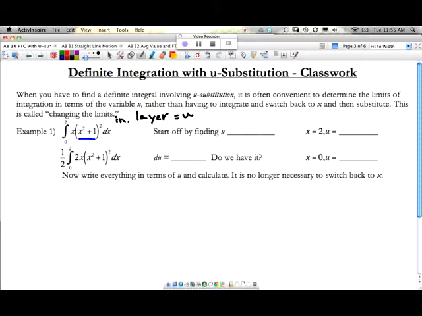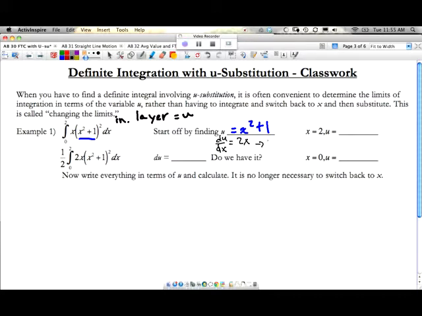So u equals x squared plus 1. That was easy enough. Now, what's du? Well, when we take the derivative of that, we do this the long way a lot of times, but du dx, if we take the derivative of both sides, equals 2x.